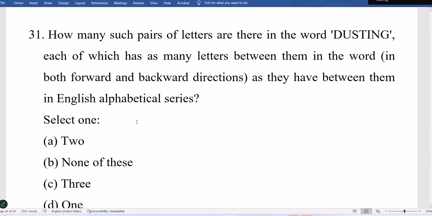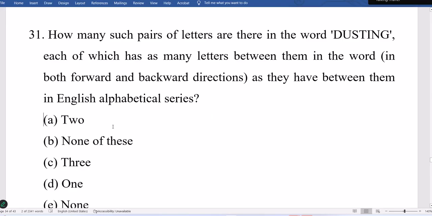Now this question, read the question carefully. How many pairs of letters are there in the word such that there are as many letters between them in the word as in the alphabet, both forward and reverse direction? Listen, here I and J. How many letters are there between I and J?